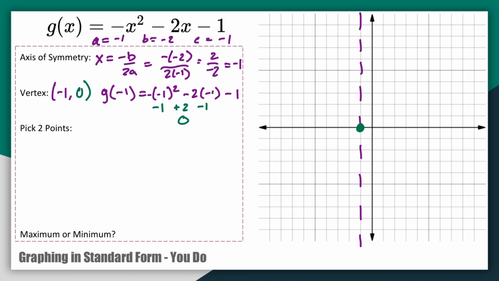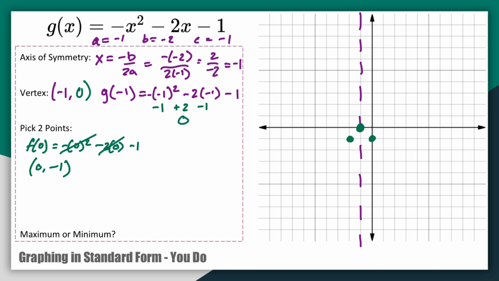Okay, so f of 0 equals -0 squared minus 2 times 0 minus 1. That cancels. You'll end up with the point 0, -1. So I go and plot that. That should be here, which it's going down. That's good. We see a -a value, so it should be going down. And then I reflect that point to be on this side.